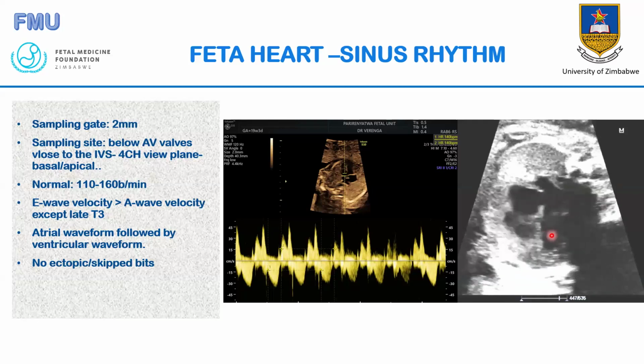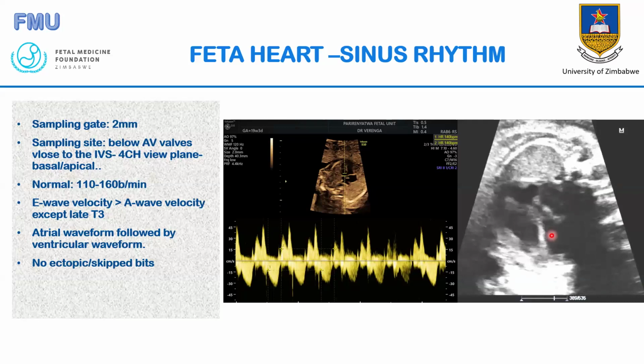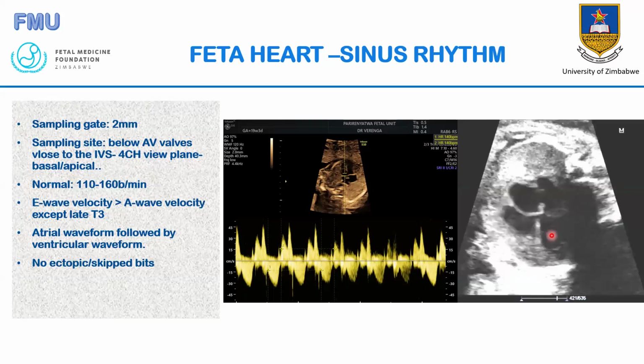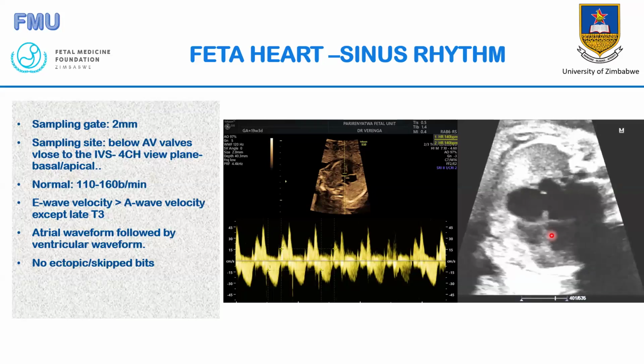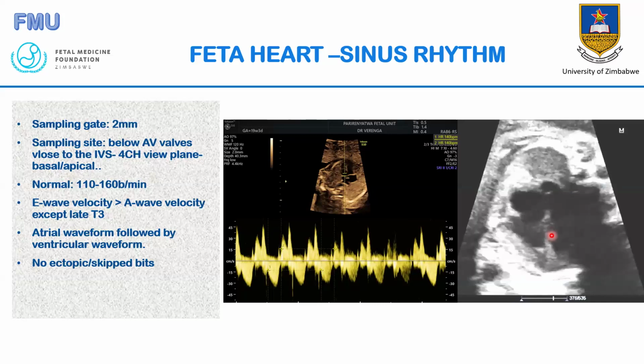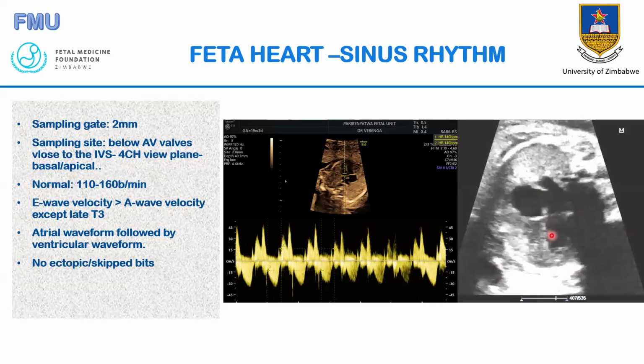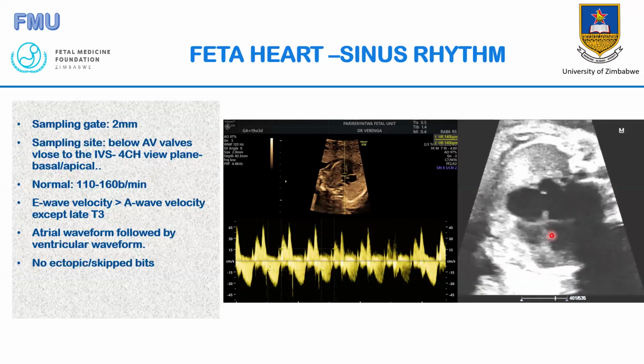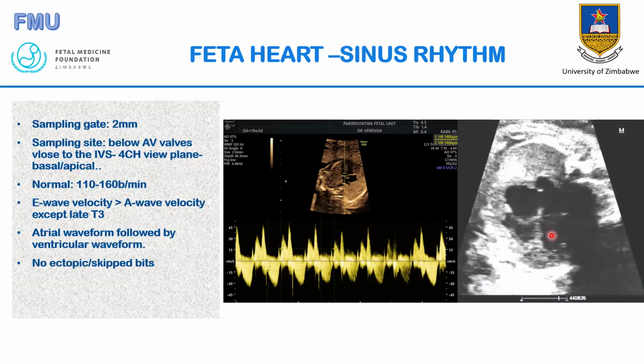So in other words, you are going to capture both the atrial systole and the ventricular systole. The atrial systole gives us the filling of the ventricles, while the ventricular systole gives us the emptying of the ventricles.